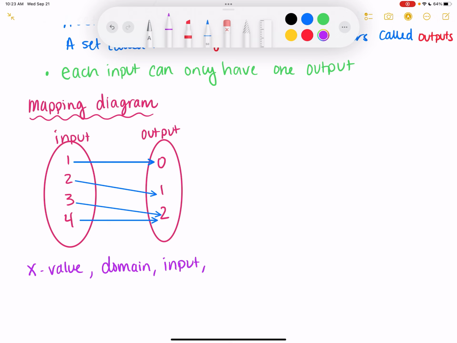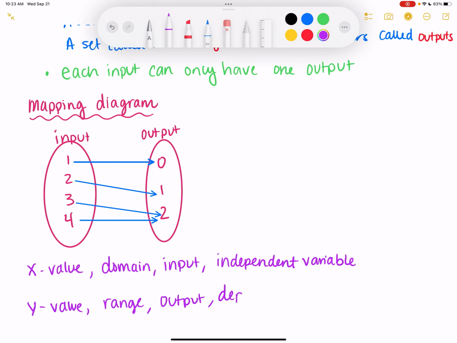Another name would be the independent variable. Okay, so if it asks for any of those things, we're thinking x values. Okay. If we have y value instead, we would be thinking range. We would be thinking output. And we would be thinking dependent variable.